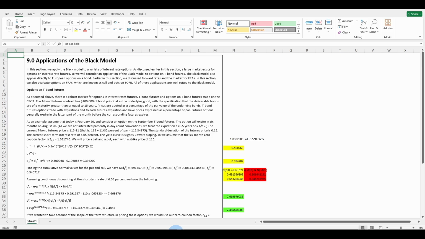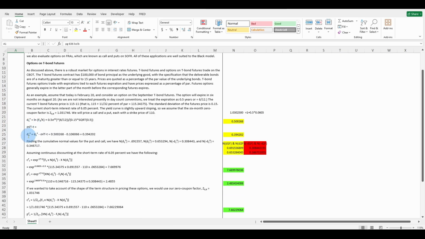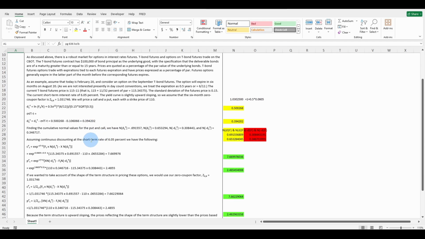We have d1 equals the log of F divided by X, plus 0.5 times the standard deviation squared times 6/12, divided by 0.15 times the square root of 0.5. We've seen this before with a few variations. Then d2 equals d1 minus the standard deviation times the square root of T, which is 0.394202. Now find the cumulative normal values for the put and call.